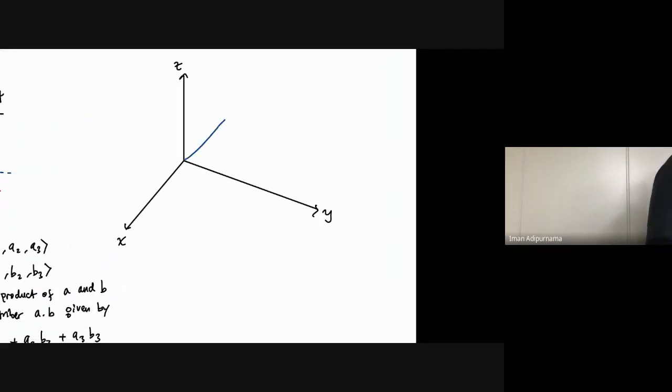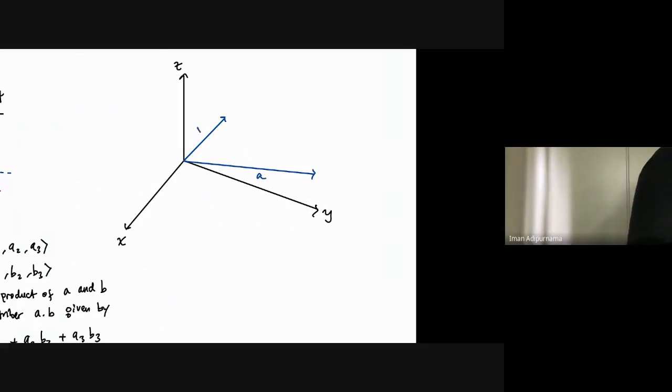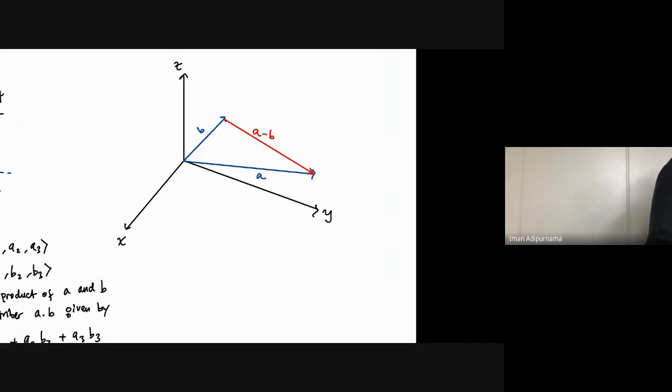So if this is a vector, and this is also a vector here, let's say this is A, this is B. And this will be A minus B, right?